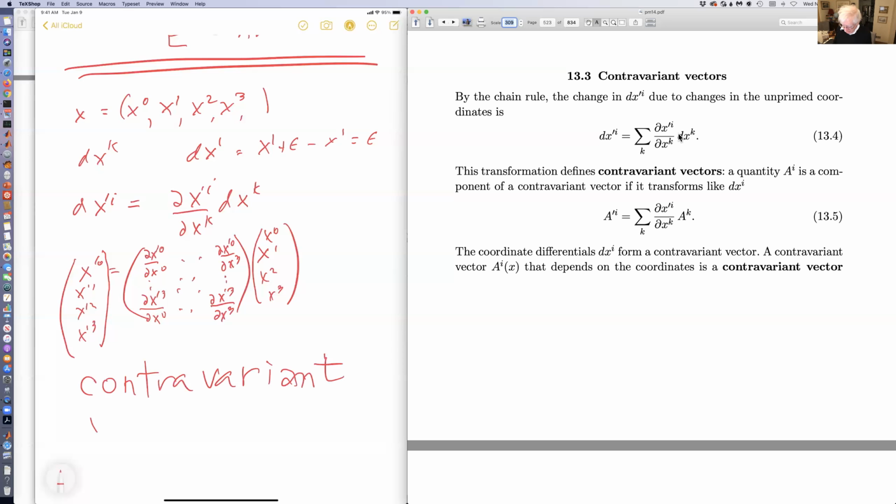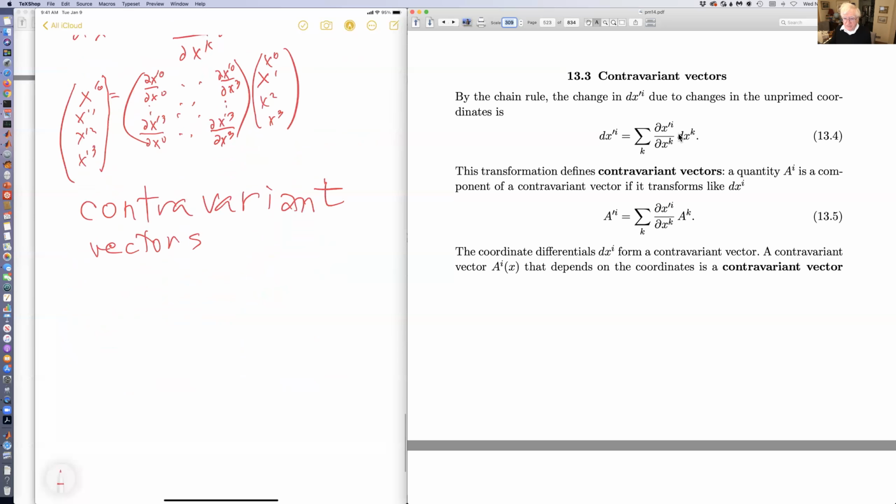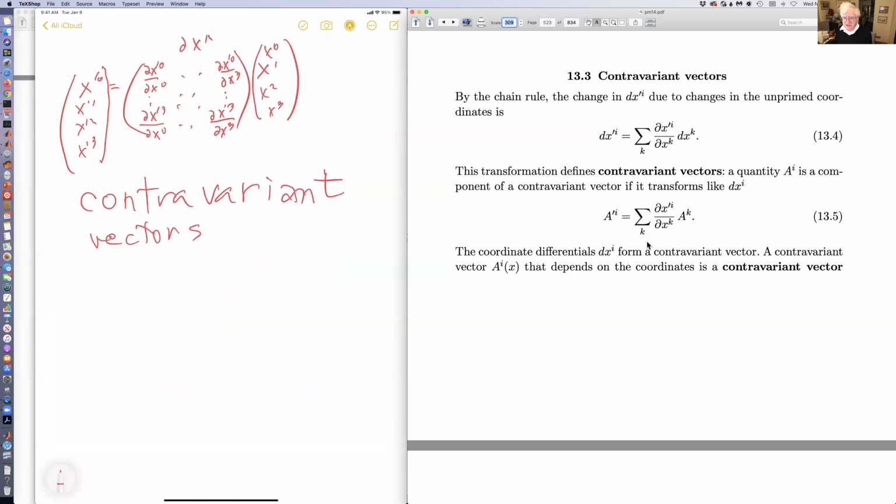And contravariant vectors, actually. And so an example is here, x prime i is a sum on k from 0 to 3, of course. So let me make that explicit.